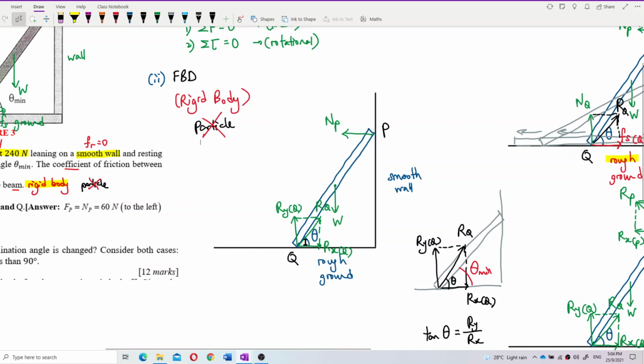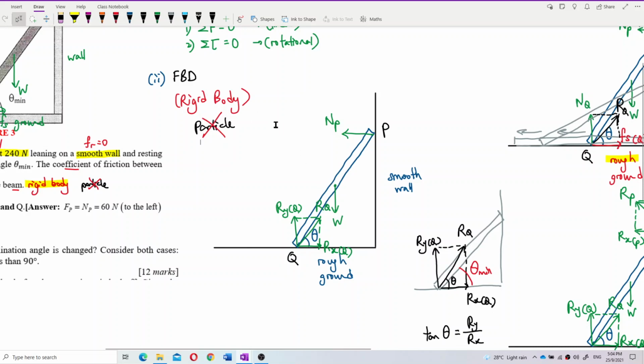For a particle, all the forces act at one point. But for a rigid body, the forces act at different points, because now we don't think about linear motion only, we think about rotational motion also. Forces at different points can lead to the object being rotated clockwise or anti-clockwise.